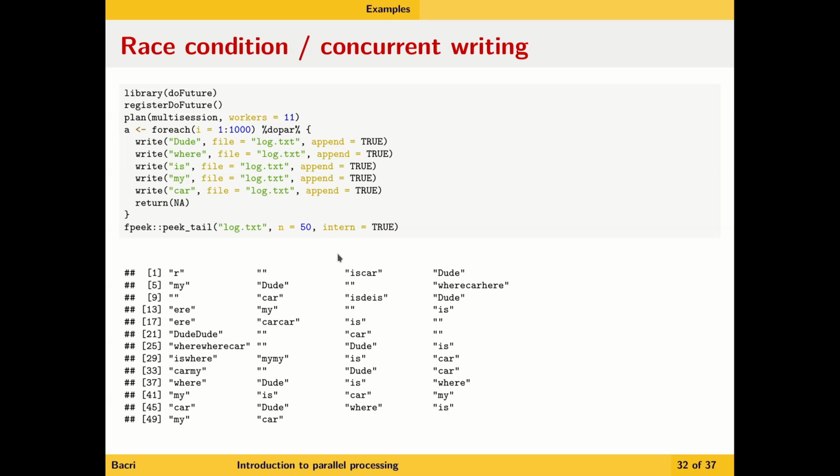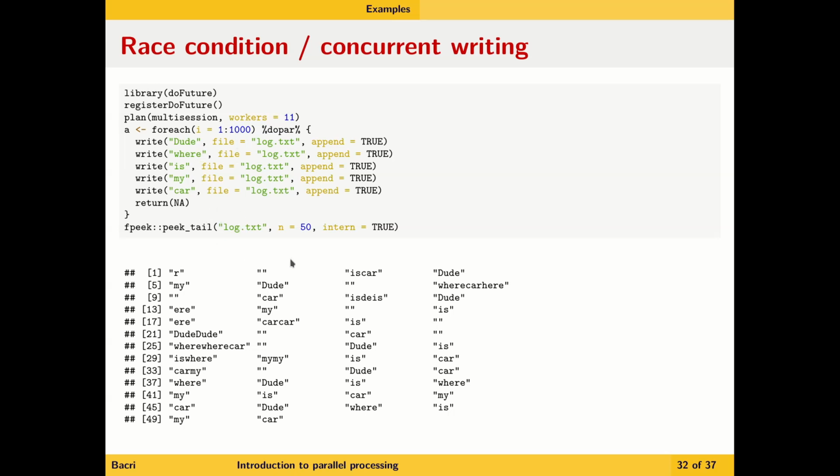I have mostly noticed that those problems increase the more you write on that file. So here I write 1,000 times with 11 processors on my laptop. I write 1,000 times each word with then a return carriage, then the second word, then return carriage, then third word, return carriage, and do nothing else.